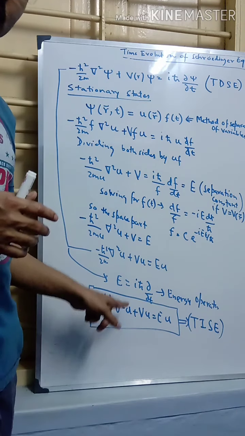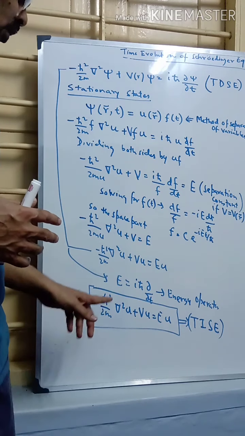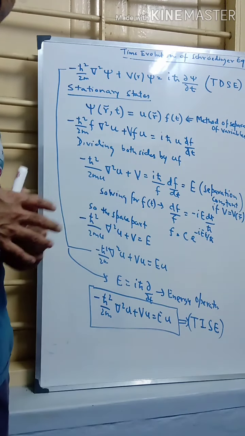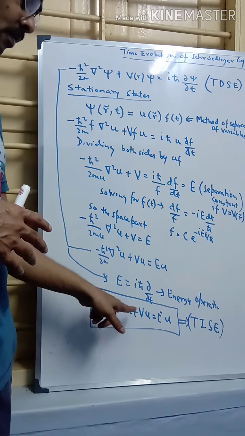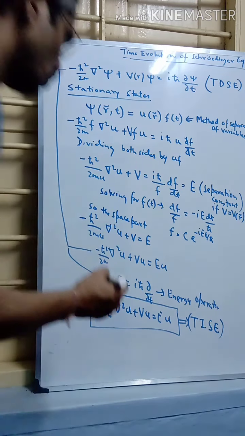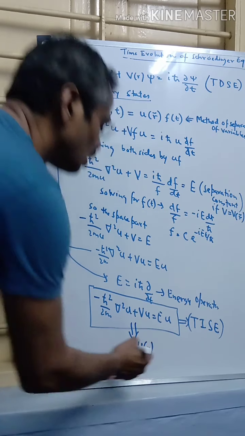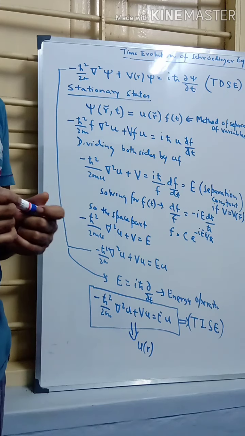There you would see how easily one can get different solutions when the potential is time independent, and then you can solve this to get the value of u(r).